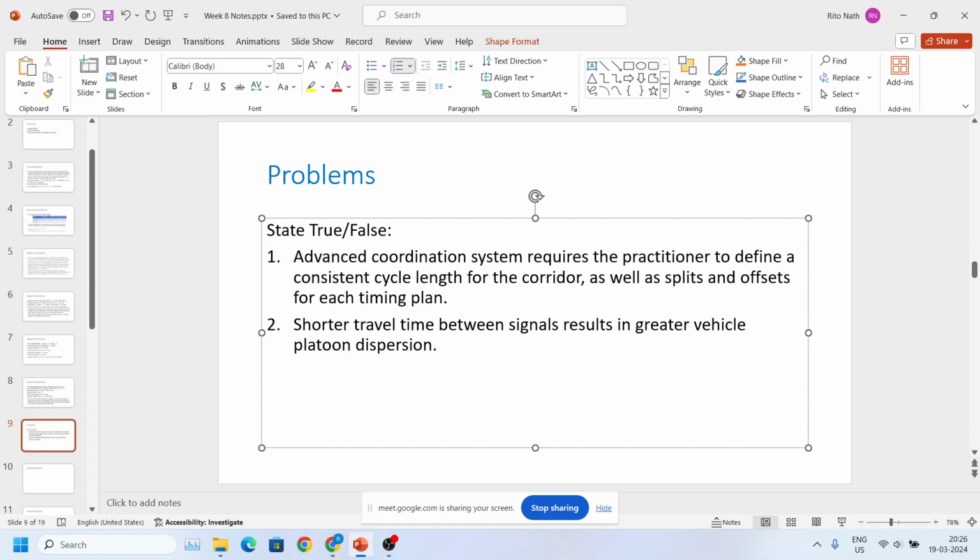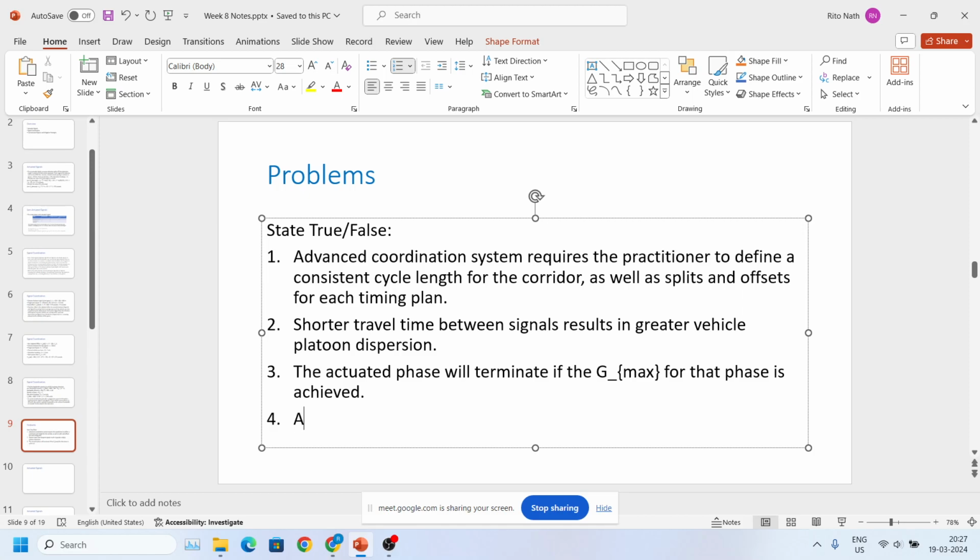Okay, so the actuated phase will terminate if the Gmax for that phase is achieved.